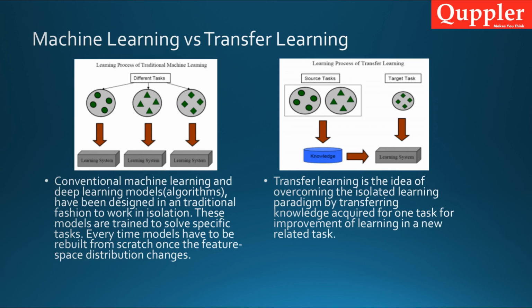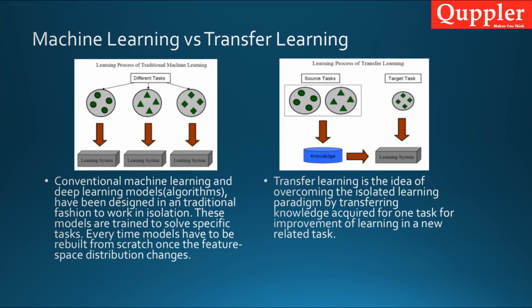So it's not necessary to rebuild and retrain from scratch every time, which consumes a lot of time compared to machine learning. This way transfer learning gives you more advantage over machine learning.